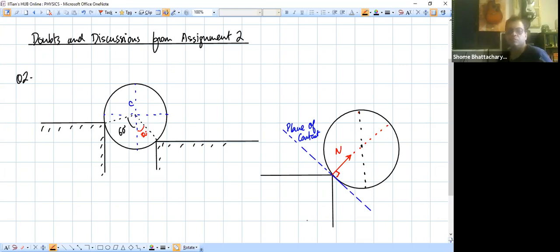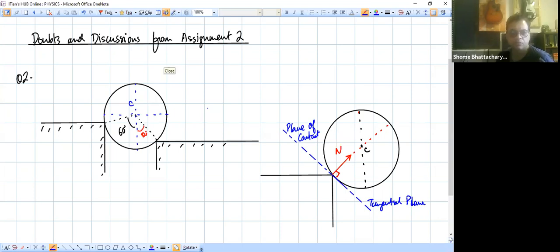This is where the center will be. Okay, so the plane of contact is basically the tangential plane. So the normal reaction acts along the line, which is what we call the radial line, or it's along the radius at that point.